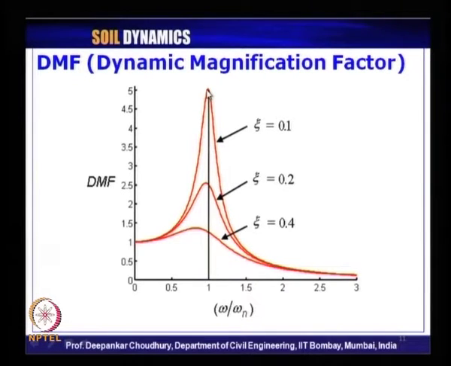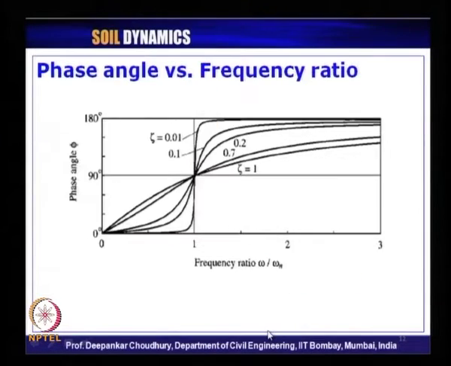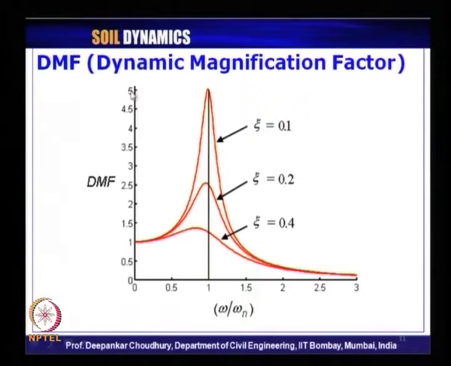So, the peak is somewhere here, a little before r equals 1, then with increase in the damping ratio it keeps on shifting slowly towards the left side. So, now the peak is here, now the peak is here. Okay. So, with this distribution of dynamic magnification factor, we will stop here and we will continue further with the discussion of dynamic magnification factor more elaborately from the next lecture.